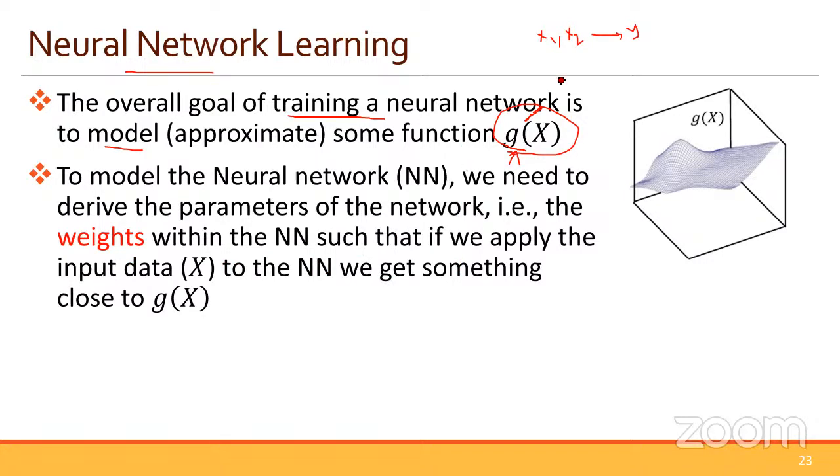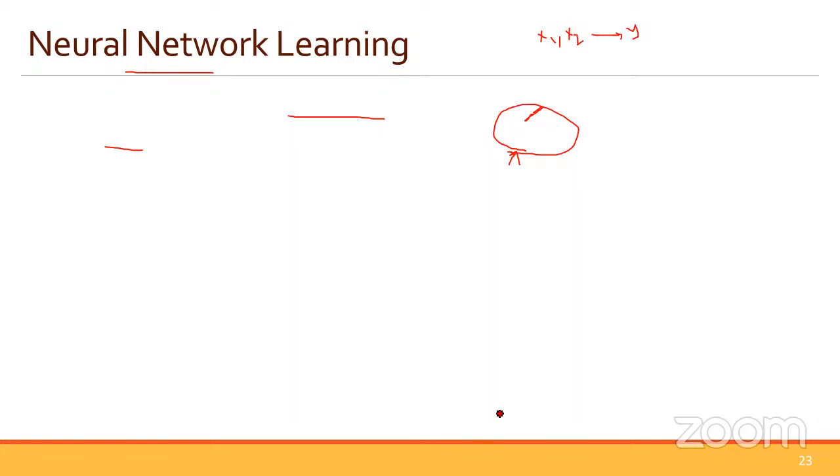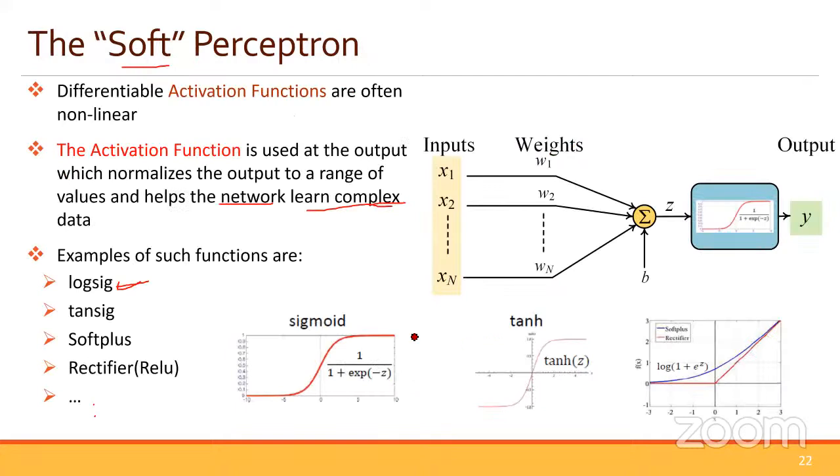To model the neural network, we need to derive the parameters of the neural network, which are basically the weights and the biases. As I said here, we take some weights from the input parameters, in addition to biases that we input to our machine learning model, in order to come up with the output value.